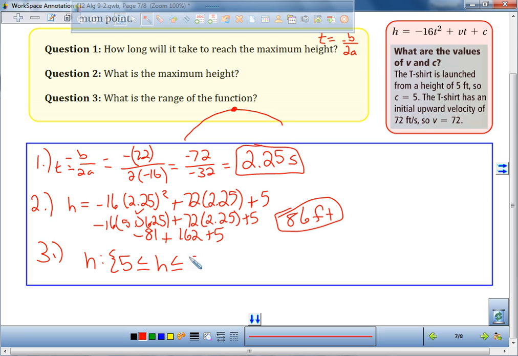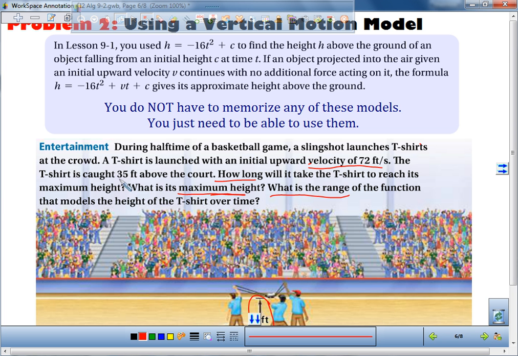So we have 5 is less than or equal to h, which is less than or equal to 86. So 86 is our maximum height, and 5 is the minimum height. So the height of the shirt at any time could be between 5 and 86 feet. In this problem, we never used the 35. That doesn't tell us anything for the questions that they ask.